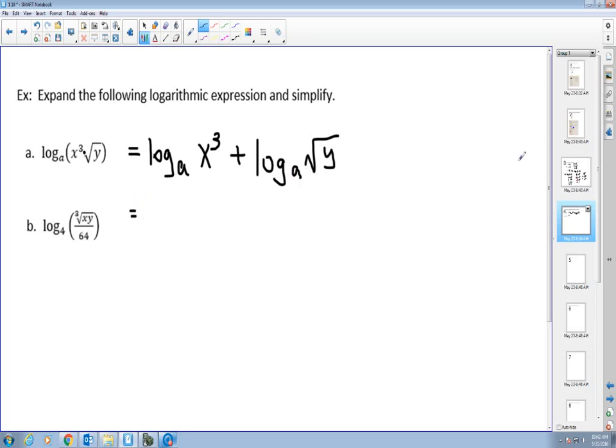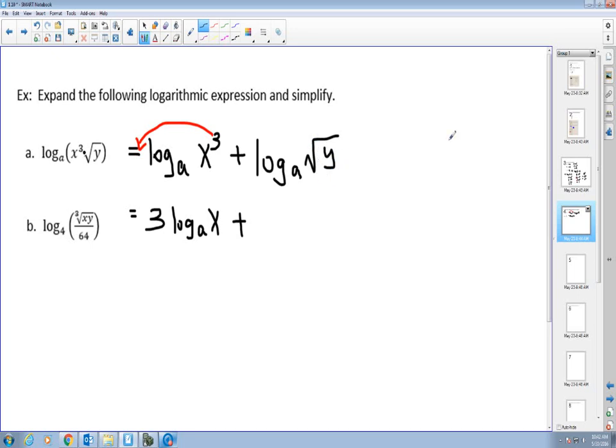Now the log of power tells us that the exponent will need to go to the front. So that will give me 3 times log with a base A of x plus, and earlier we know that the fraction exponent turns into a radical.